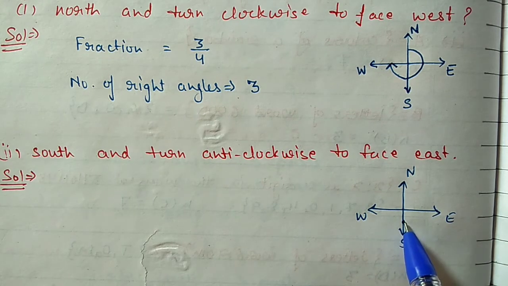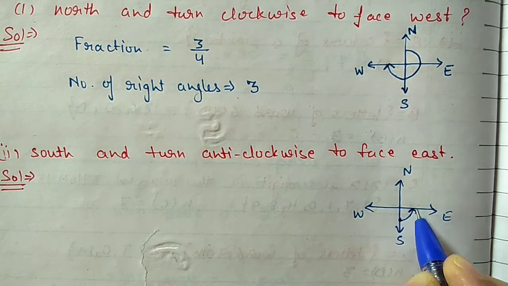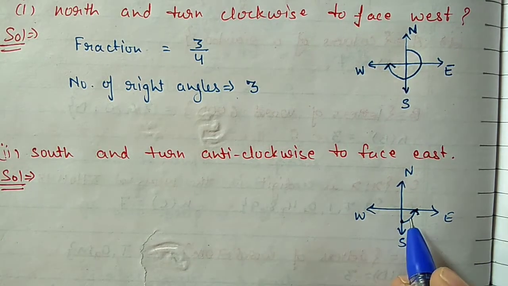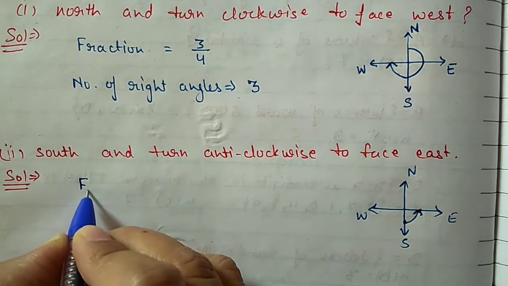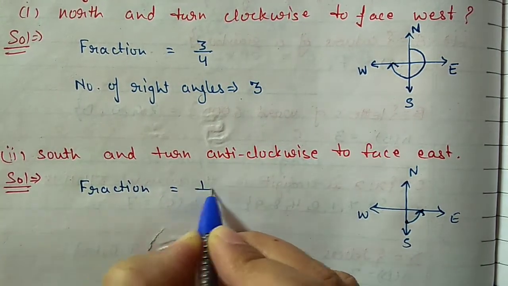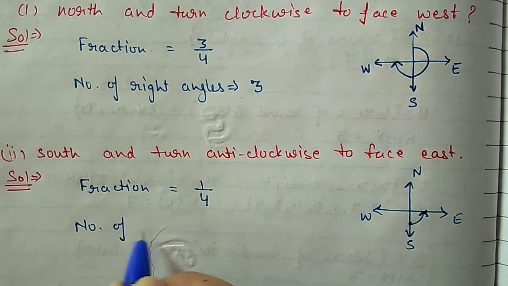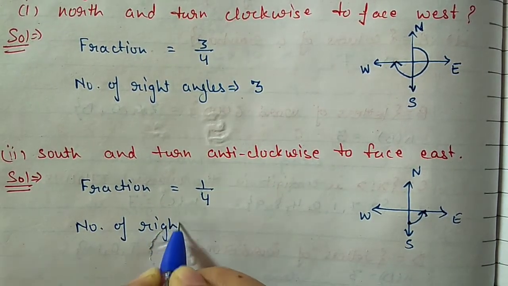So we have to move in this direction and face east, from here to here. So the fraction will be only one direction we are moving out of a total of 4 directions, 1 by 4, and the number of right angles will be only one right angle.